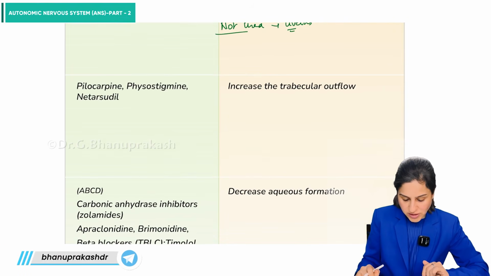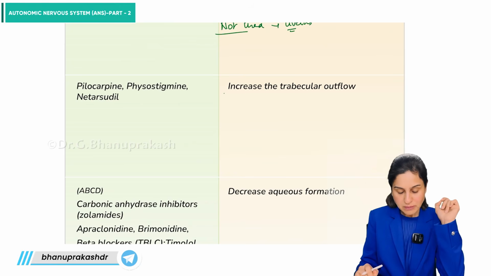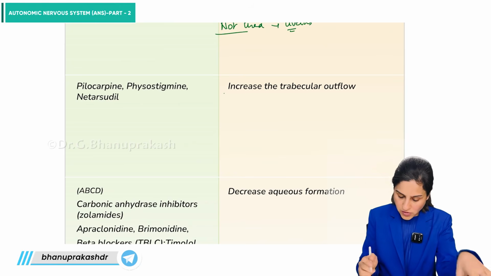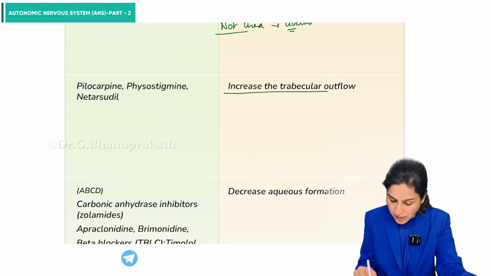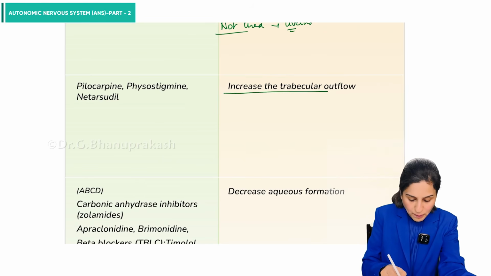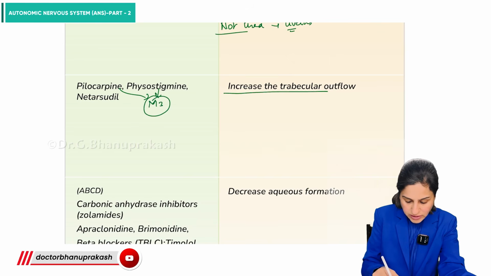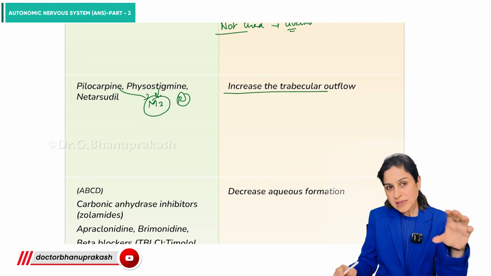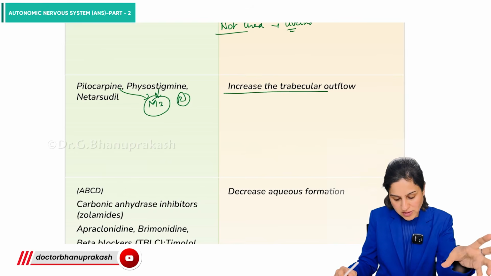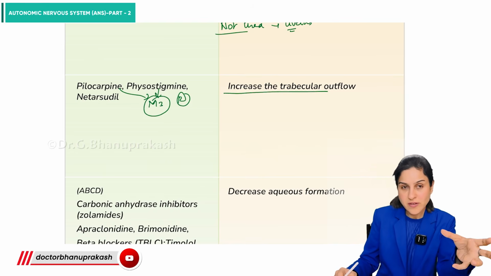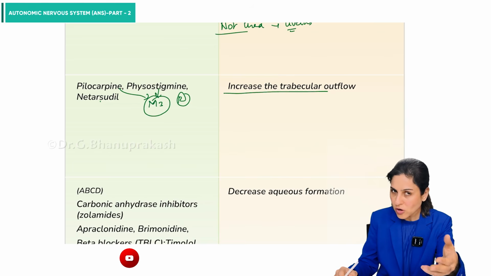Then the next group of drugs we have are pilocarpine, physostigmine, and netarsudil. All of these drugs are going to increase the trabecular outflow, right? Pilocarpine and physostigmine work via the M3 receptors. Pilocarpine is a direct miotic, it will cause miosis. Physostigmine increases the levels of acetylcholine, which will also act on M3 to cause miosis.